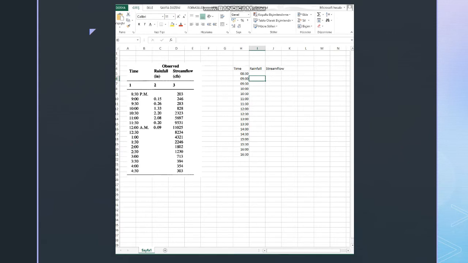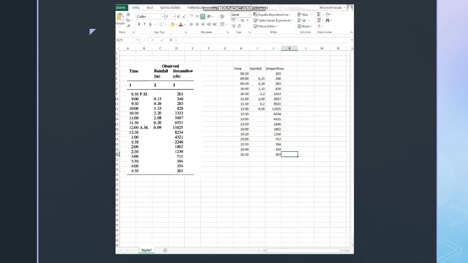Till 9 is 0.15, 0.26, 1.33, then 2.2, 2.08, 0.2, 0.09 till 12 a.m. Inch of rainfall occurs, and the stream flow is 203, 246, 283, 8, 12, 23, 23, 5, 6, 9, 7, 9, 5, 2, 1, 11, 0, 25, 8, 2, 2, 1, 2, 2, 4, 6, 1, 8, 0, 2, 1, 2, 3, 0, 7, 1, 3, 3, 9, 4, 3, 8, 3, 5, 4, 0, 3.